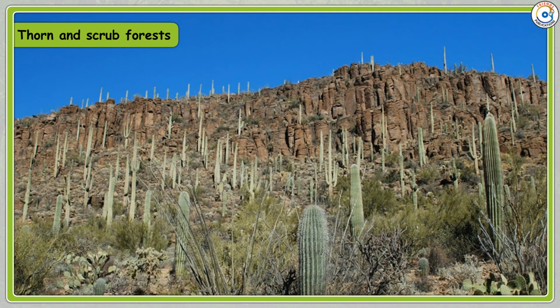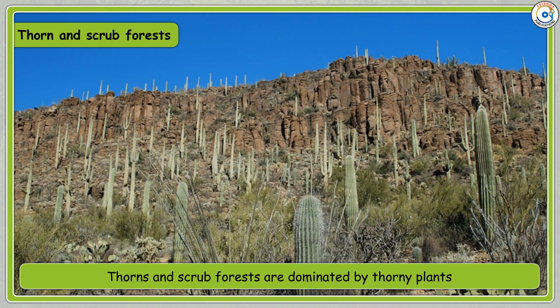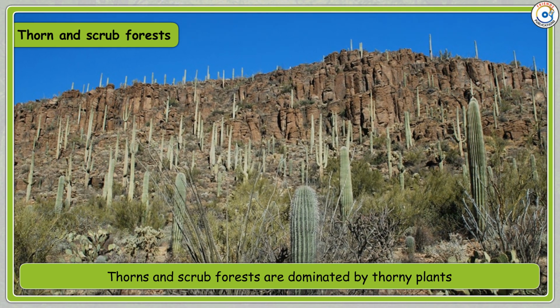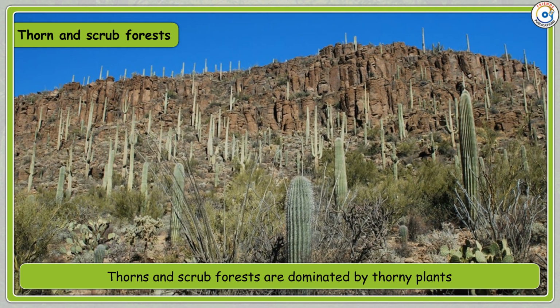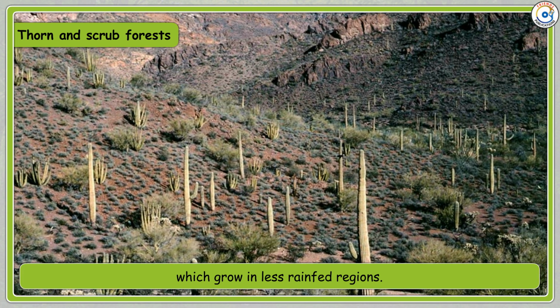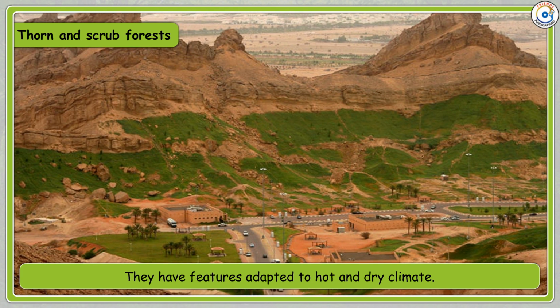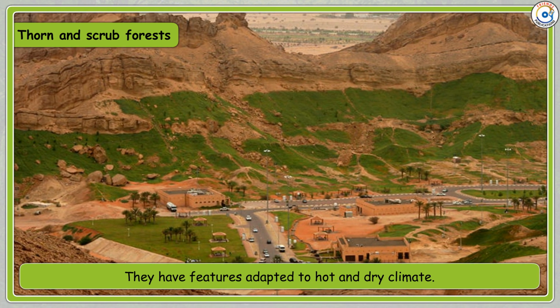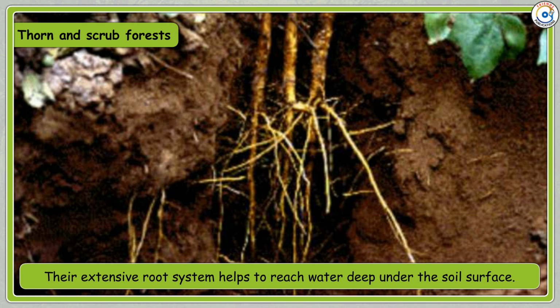Thorn and scrub forest. Thorn and scrub forests are dominated by thorny plants which grow in less rain-fed regions. They have features adapted to hot and dry climate. Their extensive root system helps to reach water deep under the soil surface.